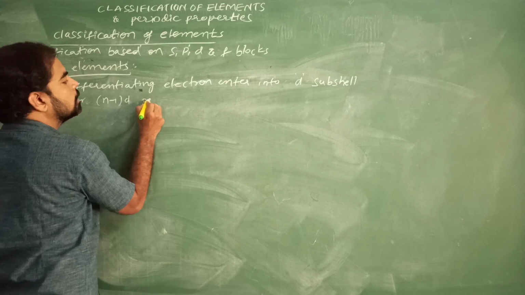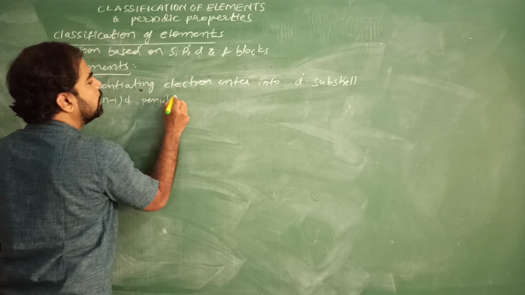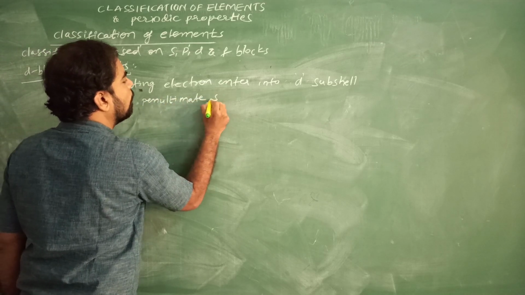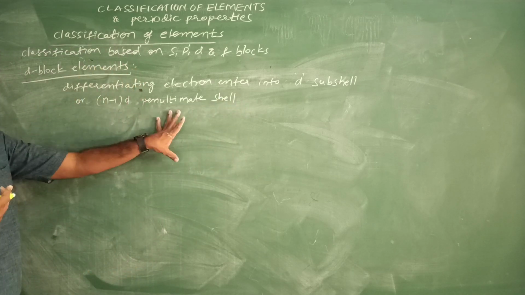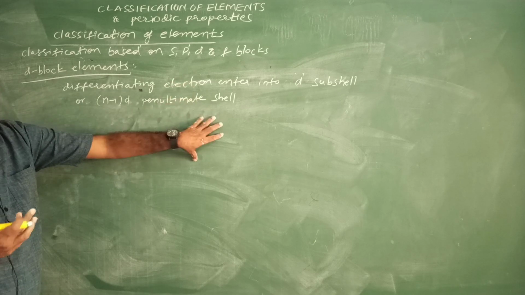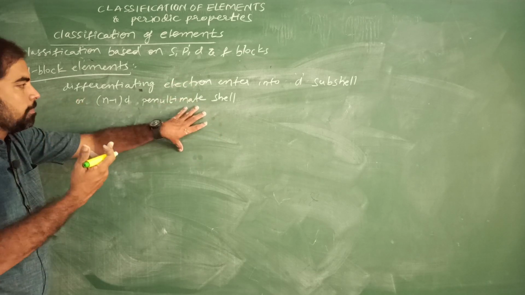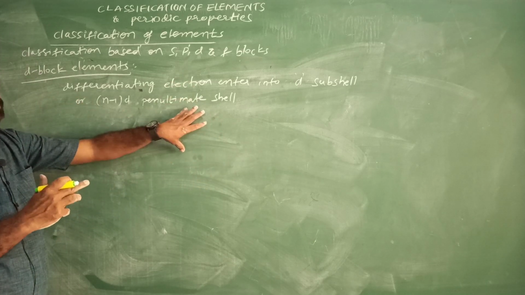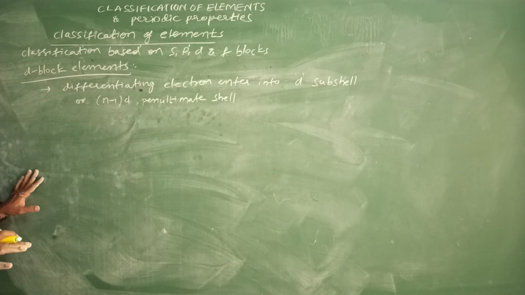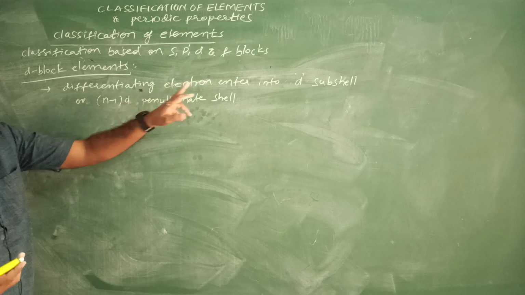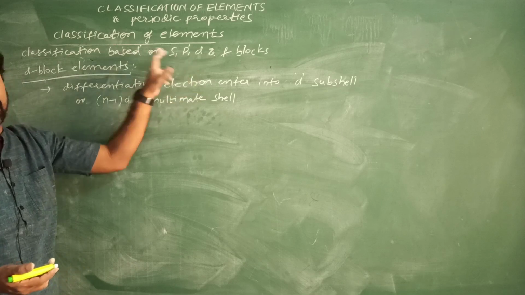This is called the penultimate shell. Valence shell means the last shell. The shell before the valence shell is called the penultimate shell. Okay, the differentiating electron, the last or newly entered electron, enters into the D subshell, that belongs to D block elements.